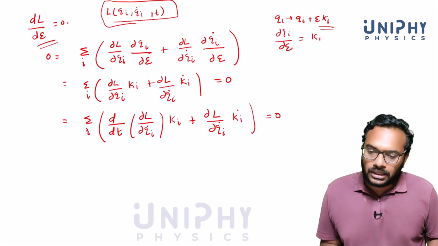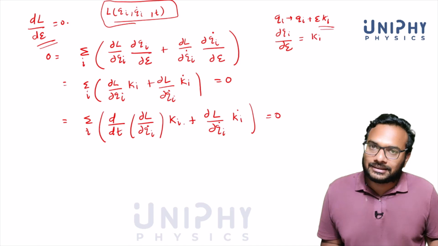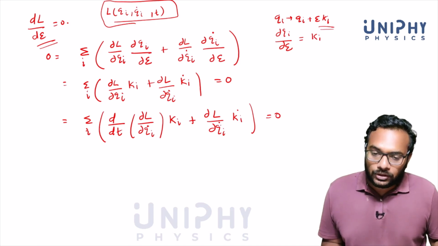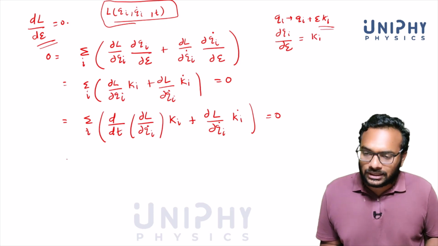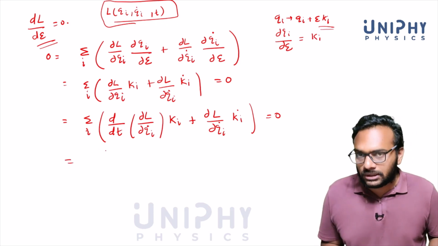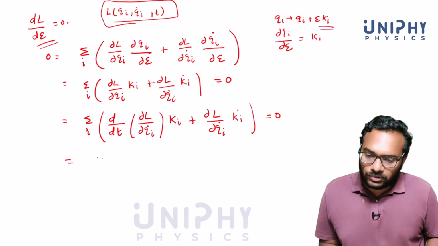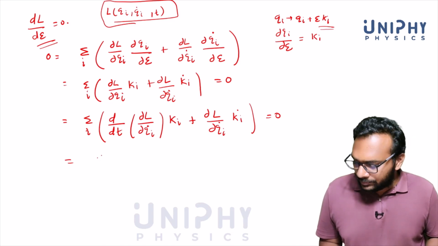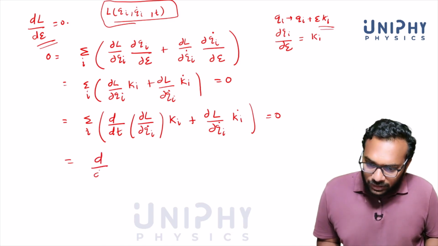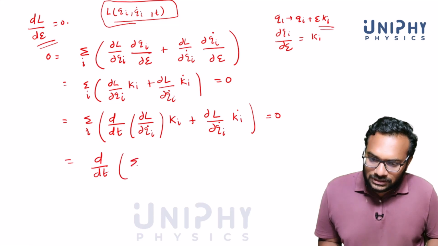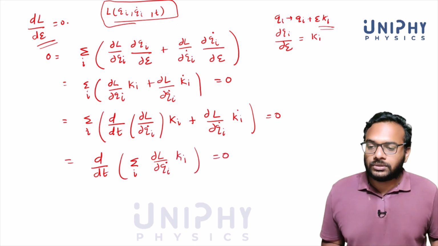Now what do we have here? You see that we can write this as a total derivative, because you have d by dt of dou L by dou qi dot and dou L by dou qi dot ki dot. So we can write it using the product rule, simply as d by dt of the summation over i of dou L by dou qi dot ki, is equal to 0.